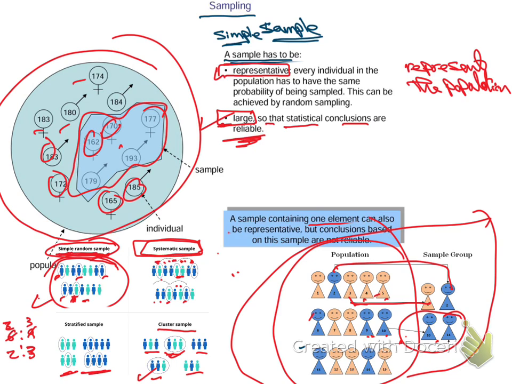So if I have 6 here and 9, okay, this is 6 and 9, so 2 to 3, okay? If I want to select a total of 5, then out of the 5, 2 will be green and 3 will be blue, okay?